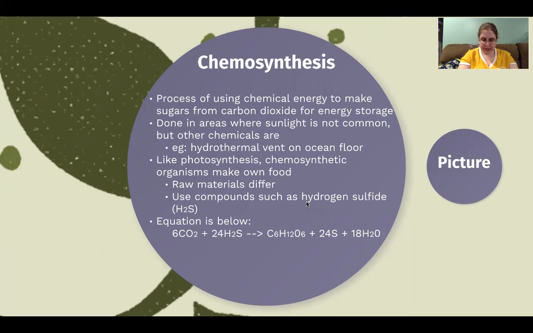Now, what about organisms that are producers but don't have access to the sun? Yeah, that happens. How do they get their glucose? Well, there is another similar process called chemosynthesis.